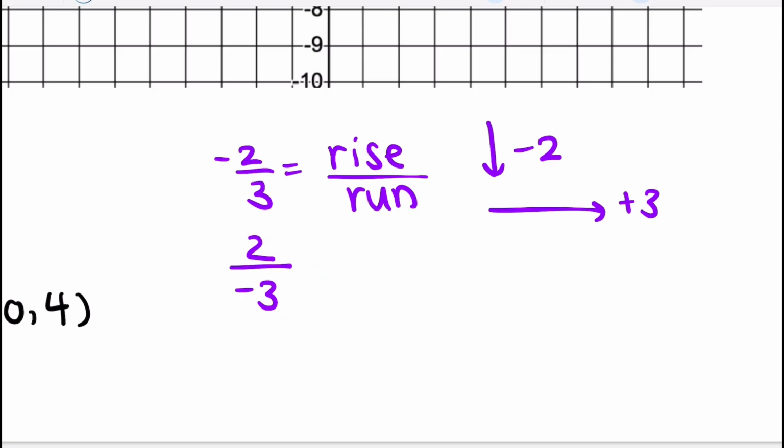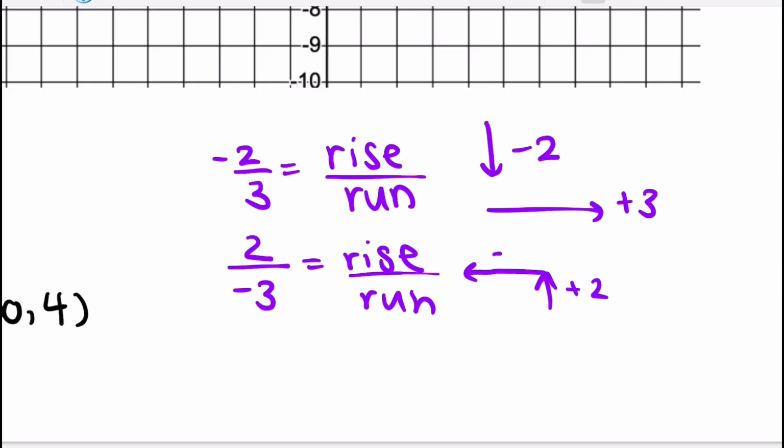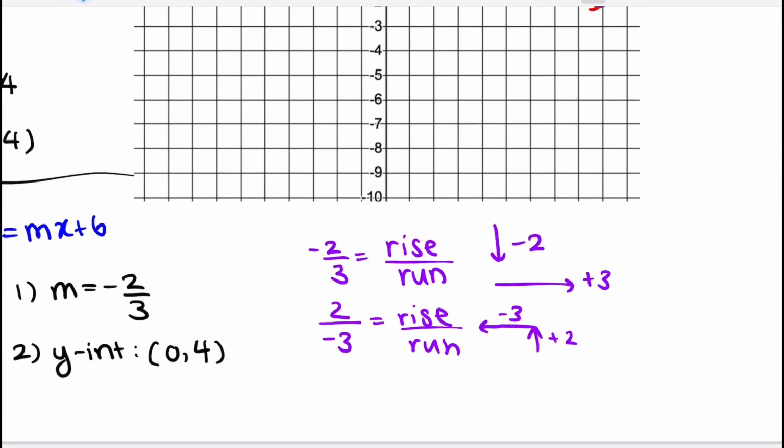I didn't change the value, but now I'm just flipping the negative sign so that instead of the rise being negative, the run is now negative. So this would be rise over run. Now our rise is positive 2, and our run is negative 3 units to the left.